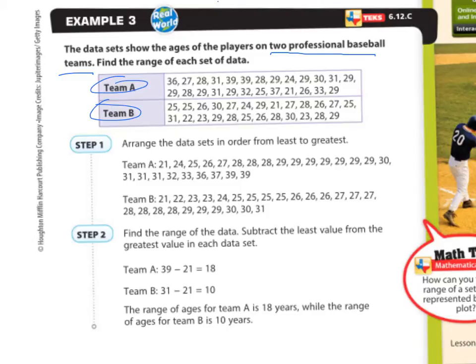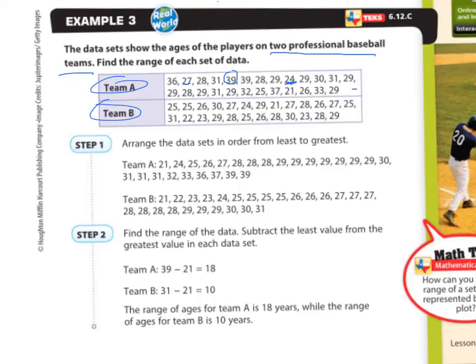Is there anything bigger than 39 on here? Okay, so 39 so far is the biggest. Checking, checking. All right, so 39 is the biggest, and now I need the smallest number. So 27. Is there anything smaller than 27? Yeah, 24.